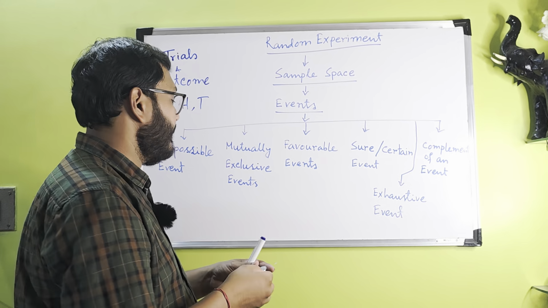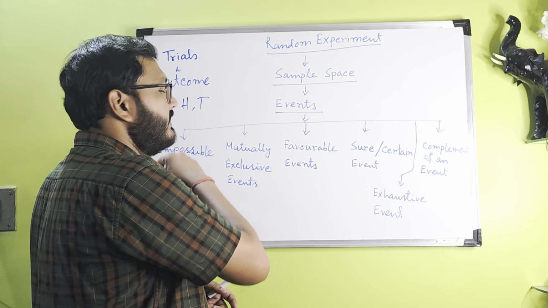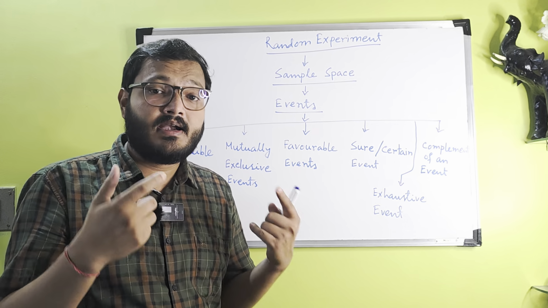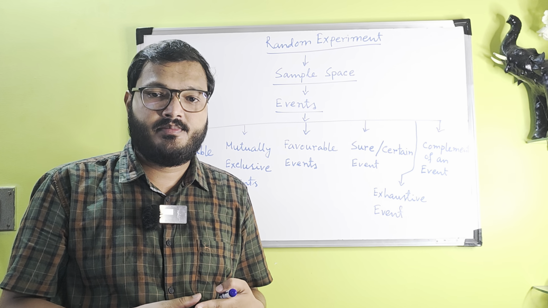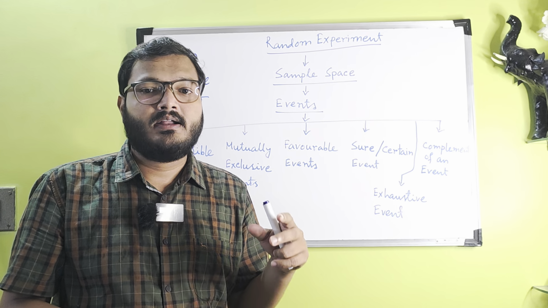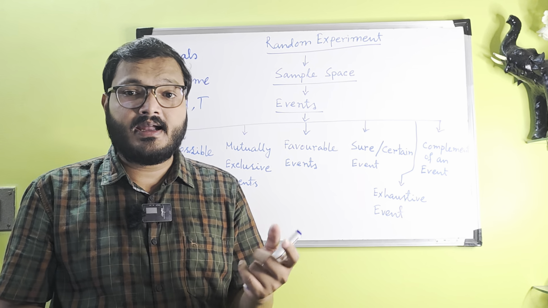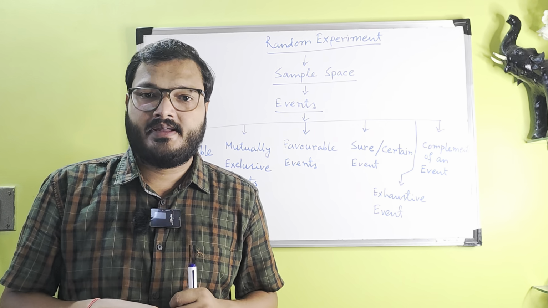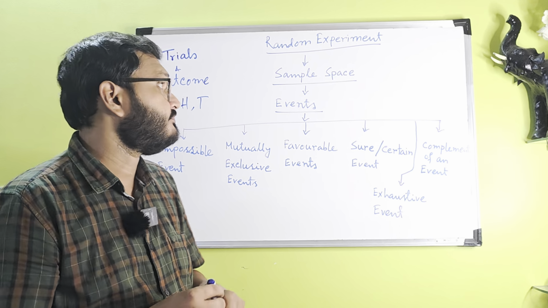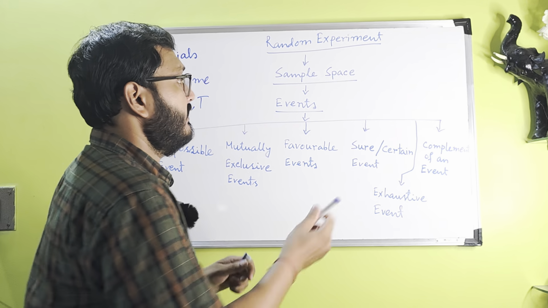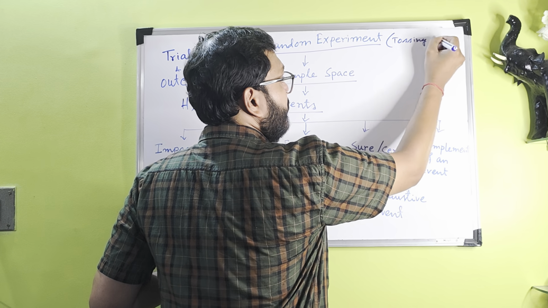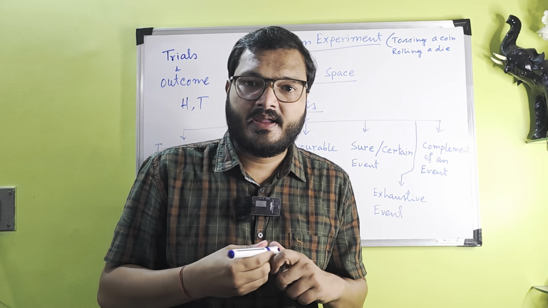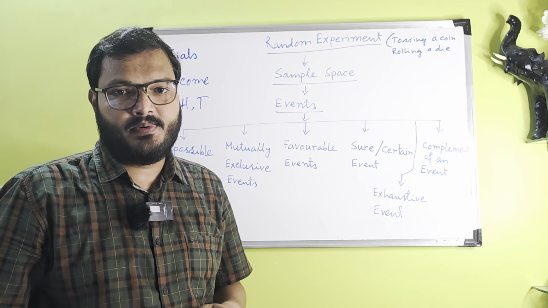If I toss it, head or tail will come, so head and tail are the outcomes. But what will come exactly in a particular trial is unknown. This kind of experiment is called a random experiment. I hope it's clear what a random experiment is. Examples are tossing a coin, rolling a die.